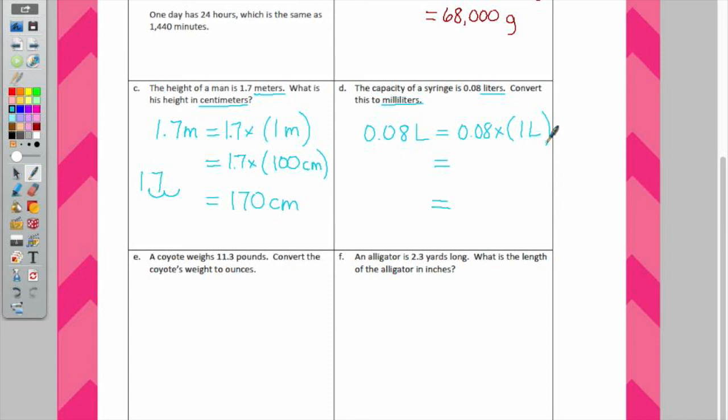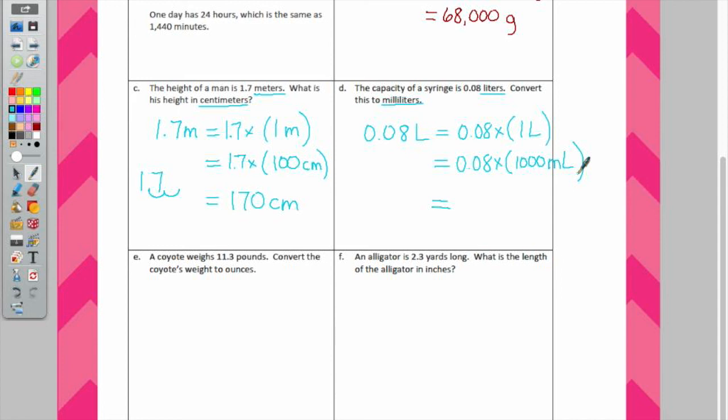Now take a stab at it. That means take a guess. How many milliliters do you think are in a liter? 1,000. Very good. So we've got 800 times 1,000 mL. Now look how I did my abbreviation for that. Did I stay with the capital L? Yeah. I did.